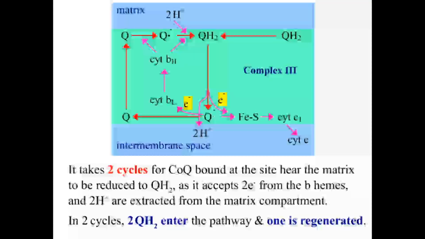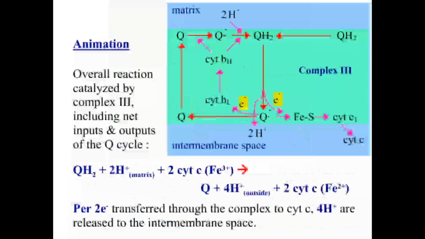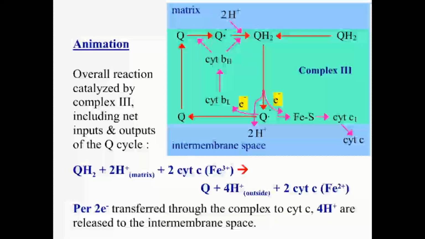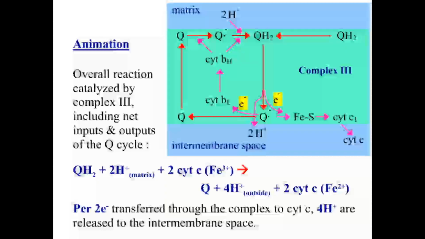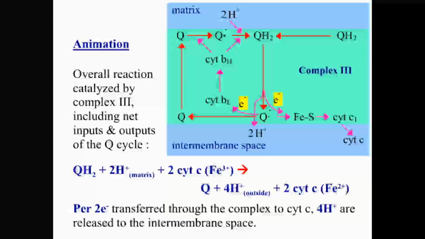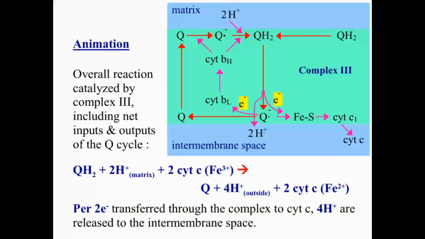Let's take a closer look at the overall reaction catalyzed by complex III, which is also known as the cytochrome BC1 complex. The key point here is the Q cycle, which is essential for electron transfer and proton pumping. So on this slide, we see that the reaction involves QH2, or ubiquinol, donating electrons. When QH2 is oxidized, it releases 2 protons into the intermembrane space.